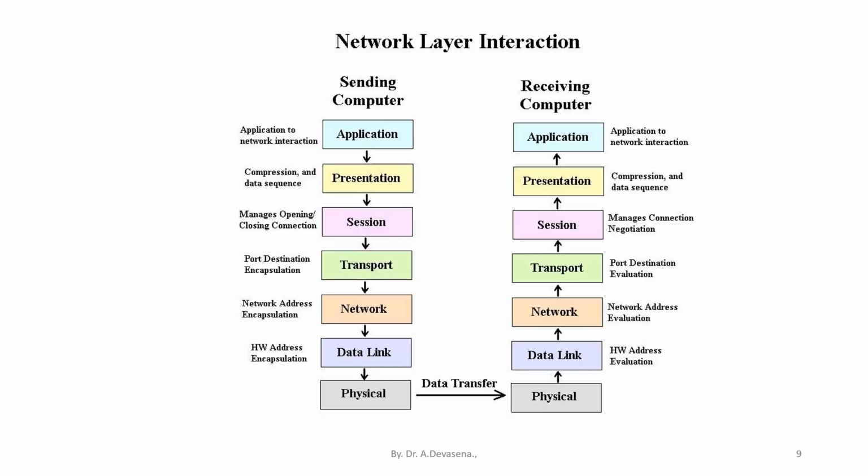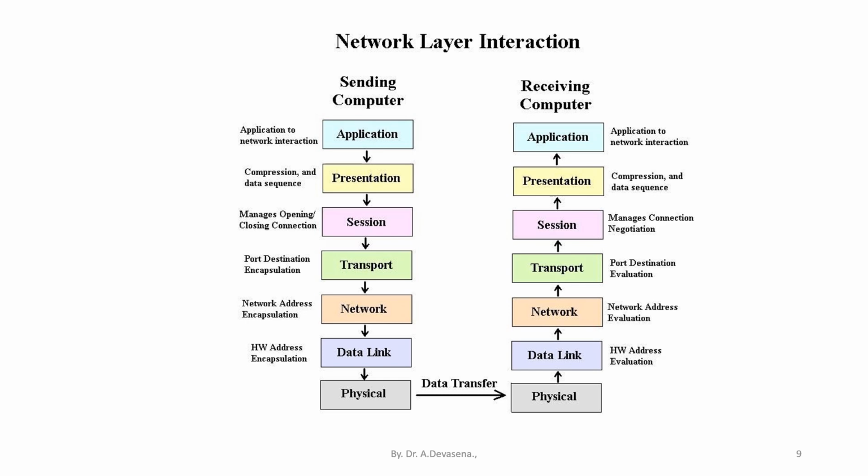And this is the diagram. In the sending computer, the application layer performs application to network interaction. The presentation layer performs compression and data sequence. The session layer manages opening and closing of connections.